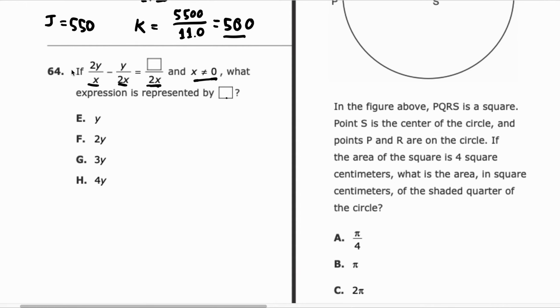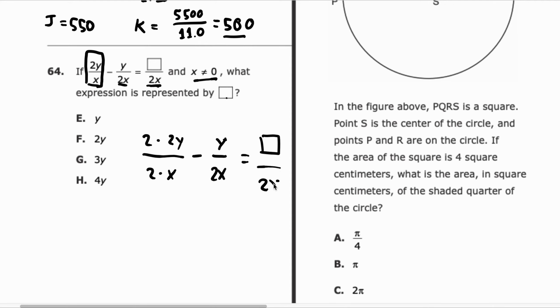So we would have to take this fraction and multiply the numerator and denominator by 2, right? So 2 times 2y, 2 times x, minus y over 2x is equal to blank over 2x.